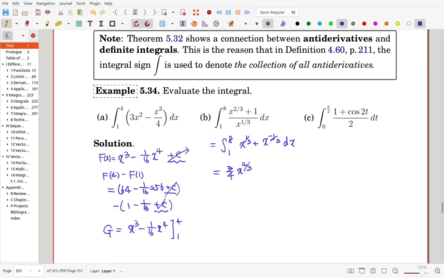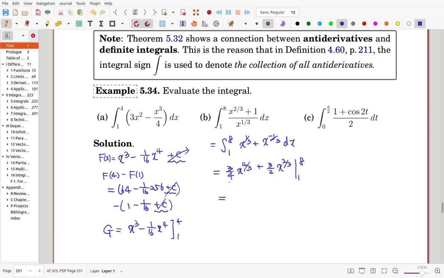That is the antiderivative for this portion. For that one, plus 1 is 2 over 3, so the reciprocal is 3 over 2, and here x to the 2 over 3, right? Okay, that is the antiderivative without the c, and we are evaluating from 1 to 8.